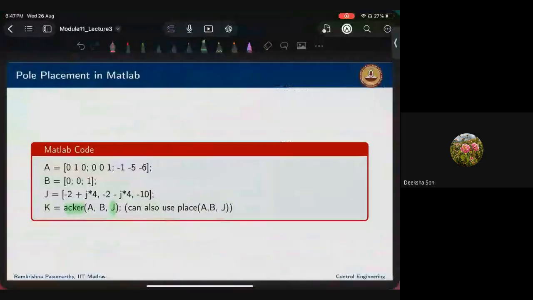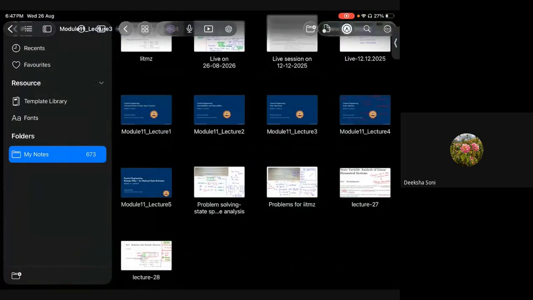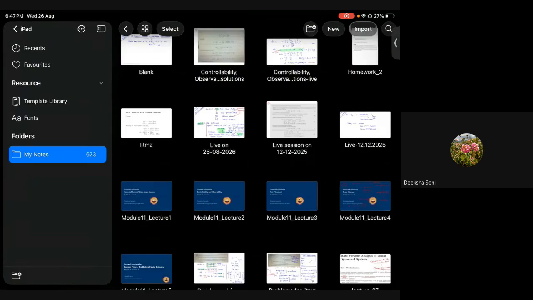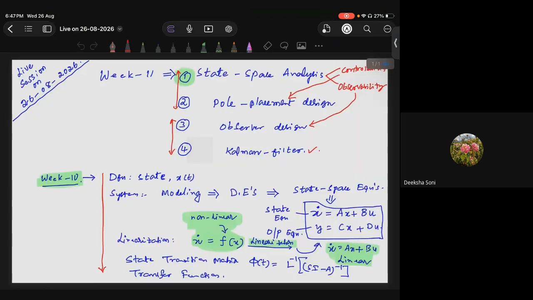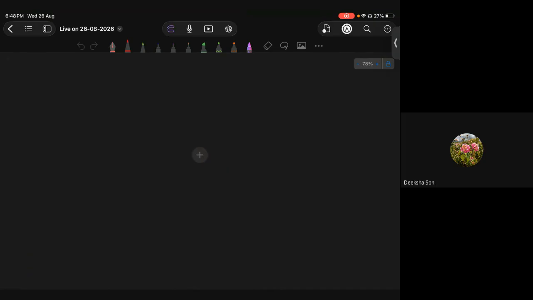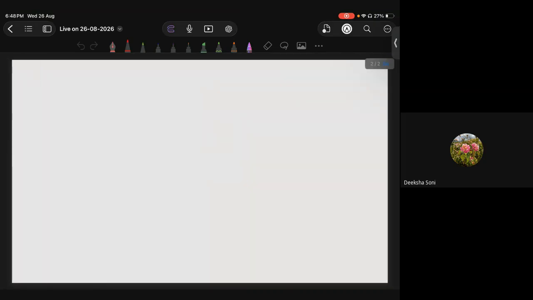We'll take a simple surprise test, finding the controllability and observability. So the A matrix is like this.